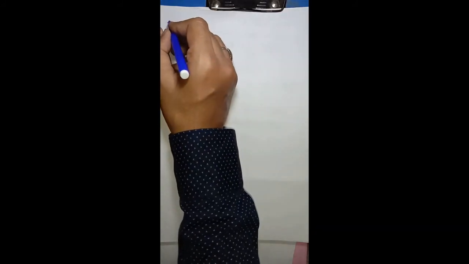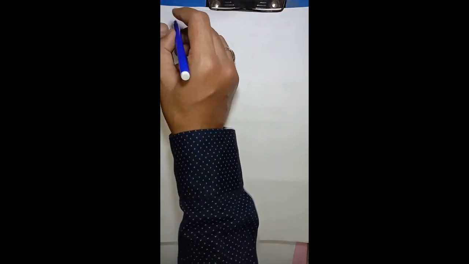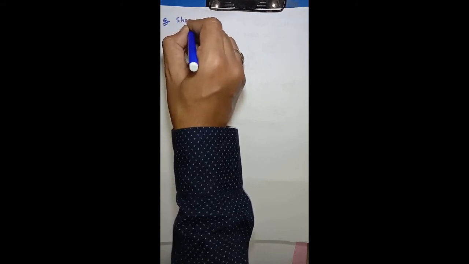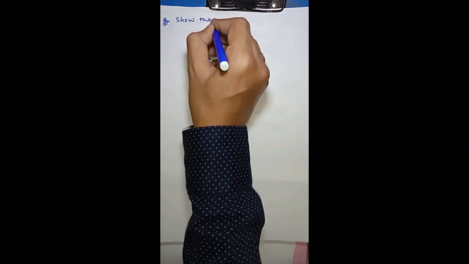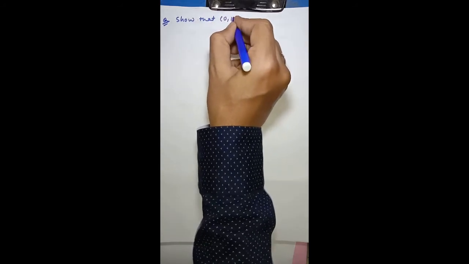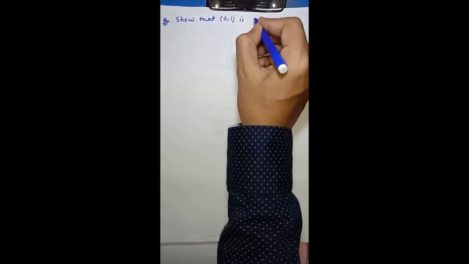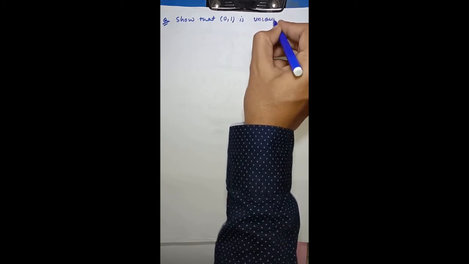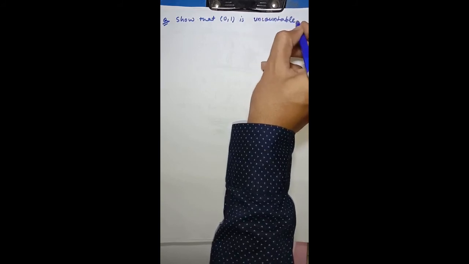Now the last problem of this topic is: show that (0,1) is uncountable.